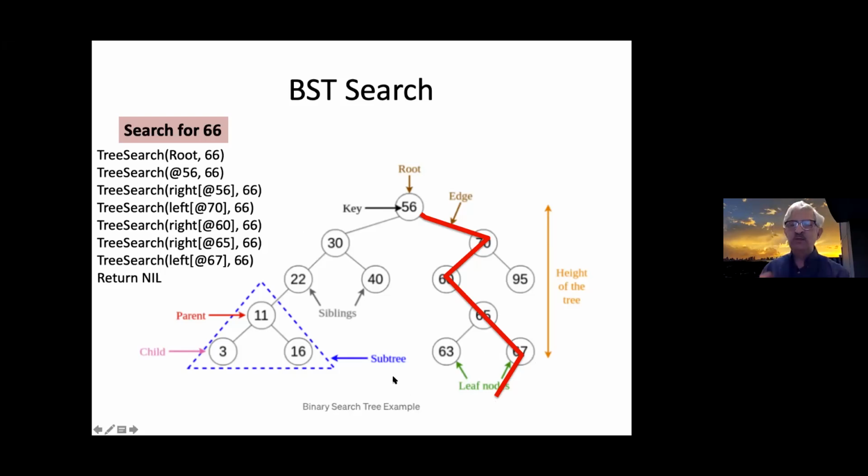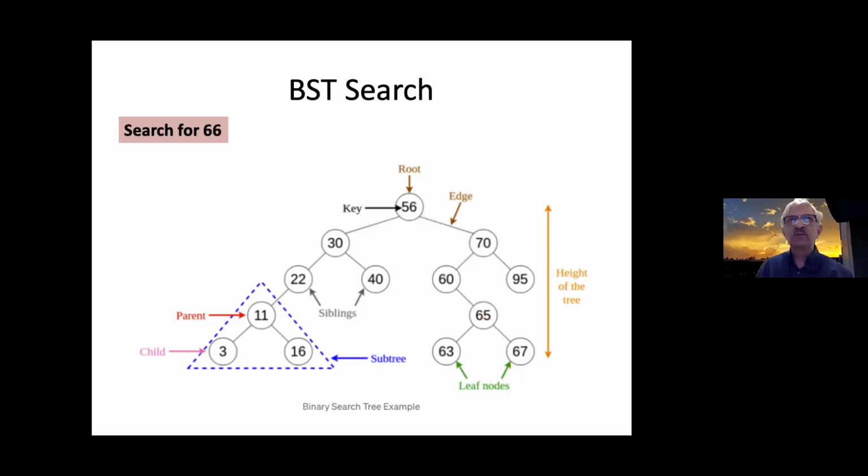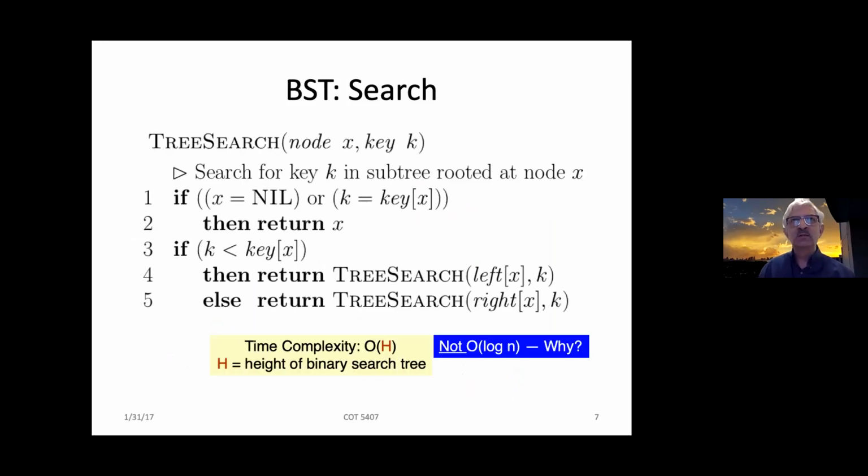If you recall what I said in the pseudocode, when the node x itself is nil, you're going to stop and return this nil pointer. If you return a nil pointer, we're going to assume that the search failed.